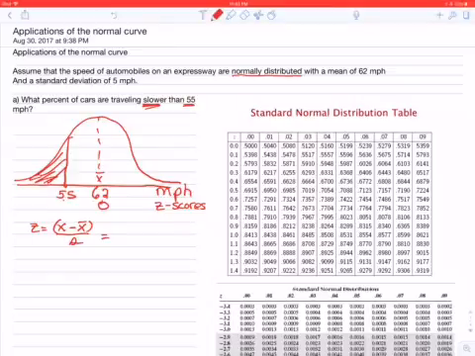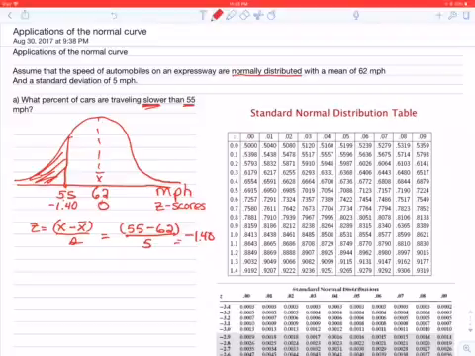So in this case, the value is 55 minus the mean of 62 over a standard deviation of 5. I get a z-score of negative 1.40. So 55 is 1.40 groups of 5 below 62.